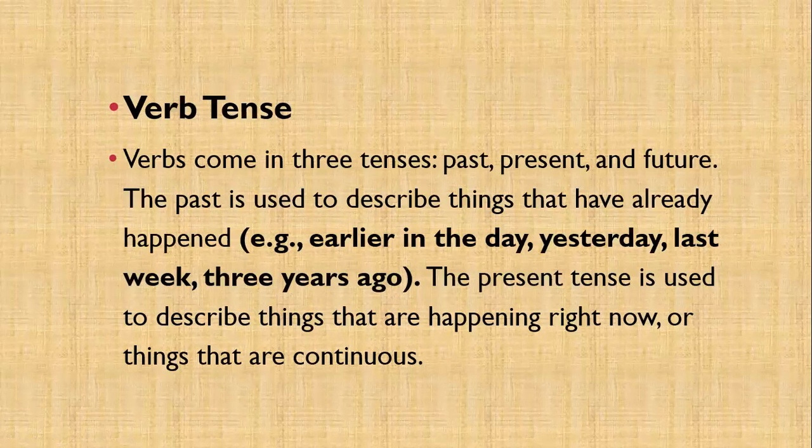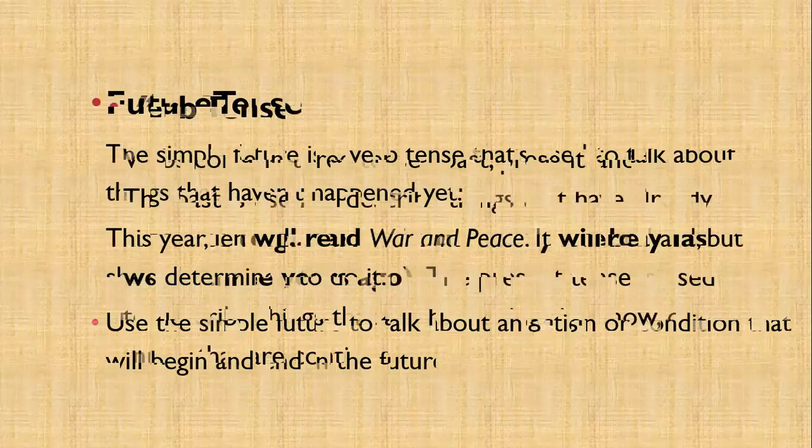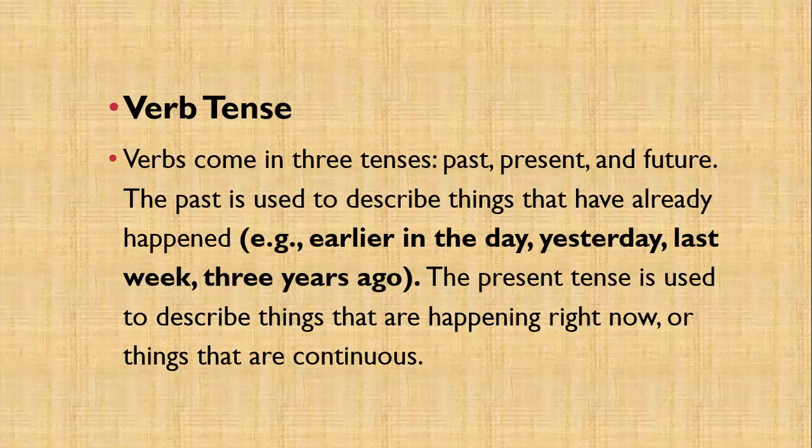The past is used to describe things that have already happened. For example, early in the day, yesterday, last week, 3 years ago. The present tense is used to describe things that are happening right now, or things that are continuous.